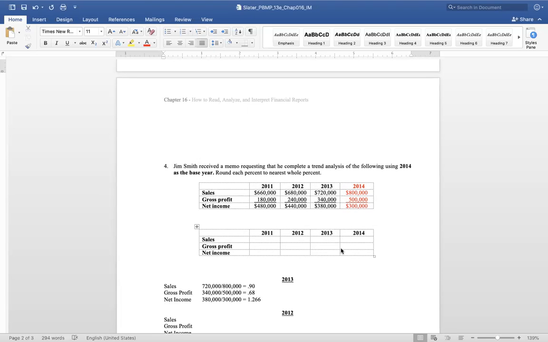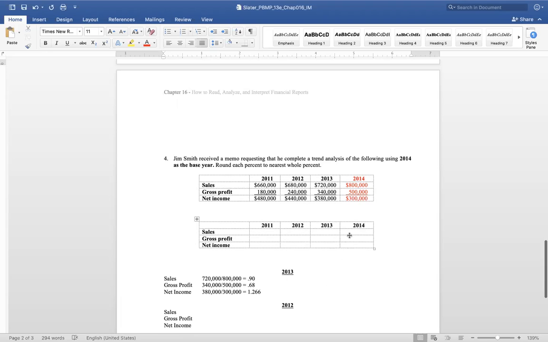percentages. And with trend analysis, you round to the nearest whole percent. So for all of these, we know that 2014 is going to be 100%. It's the base. It's the full amount. So I've already completed 2013 for us. The sales in 2013 were 720,000.